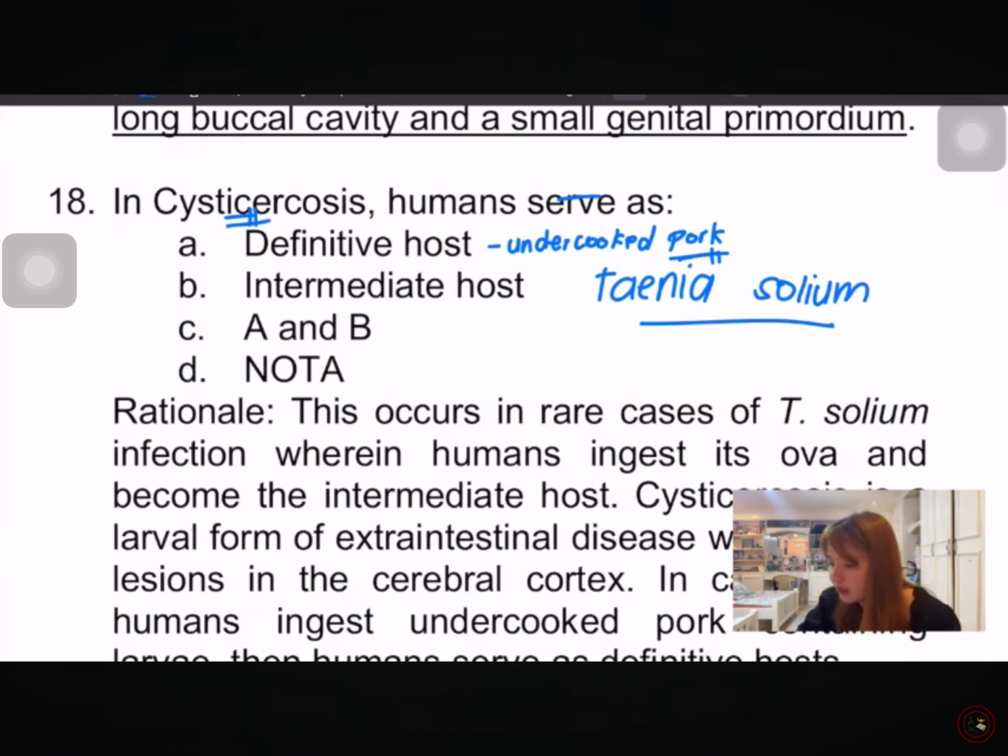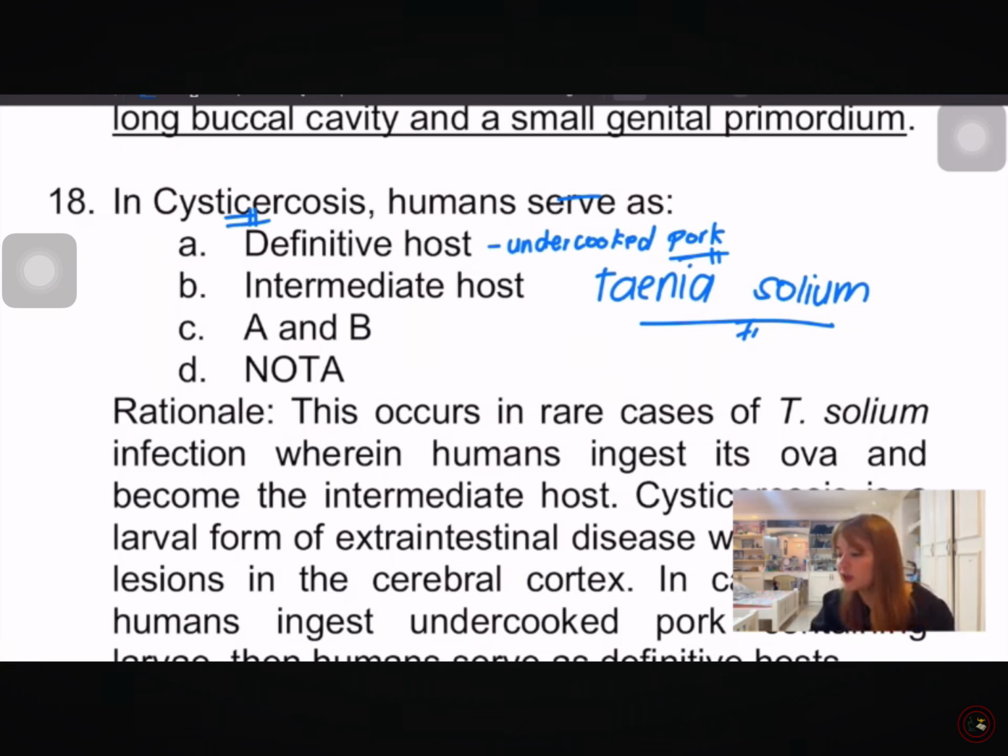Meanwhile, kapag naman yung other method ng pagkaroon ng infection with Taenia solium, ito naman yung mas malalang method or yung mas worse na disease, I can say, yung cysticercosis or yung times na ang humans nagsiserve as an intermediate host. Why? Kasi yung ini-ingest natin dito is yung egg ng Taenia solium.